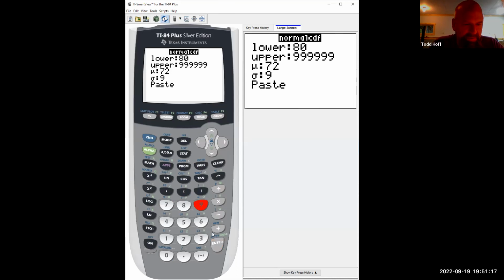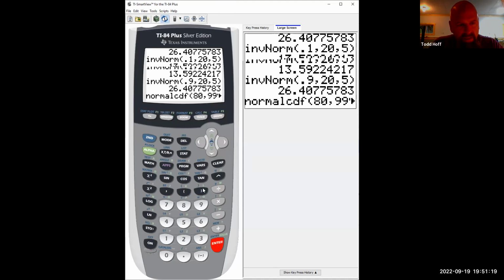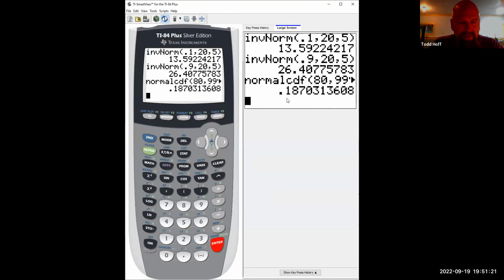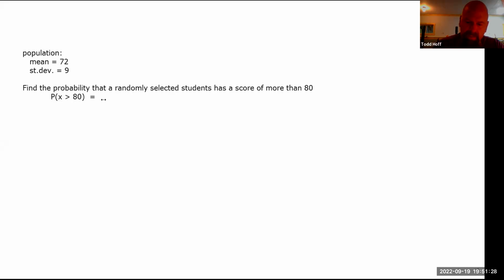So it is just the standard deviation of 9 here, giving us 0.1870 as that probability. So again, that was just a normal CDF from 80 to infinity for a mean of 72 and a standard deviation of 9.